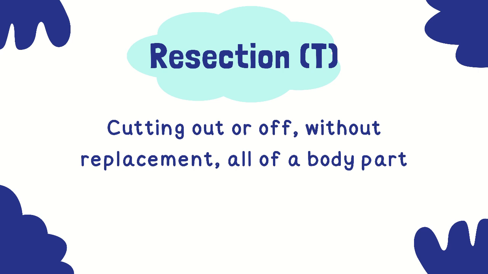So, in comparison to excision, you're taking out part of a body part. Resection, you're taking out all of a body part. Oh, wait, there's more. The character value for excision is a B. The character value for a resection is a T.